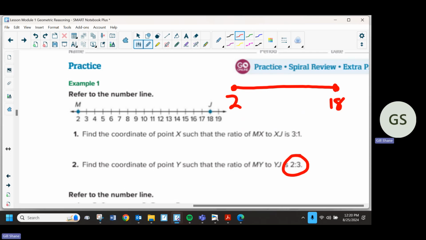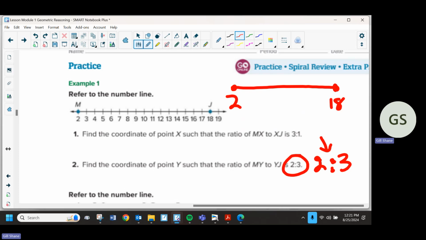So here's how you're going to know when to do it using the normal weights that they give you versus having to flip the ratio around. This problem doesn't say anything about weights. It just has a ratio. It has a ratio that has that little colon thing in it. If it doesn't say anything about weights, and if it gives you something like that, a ratio, that's when you need to reverse them if you're going to do it the way that we did the weights problem.